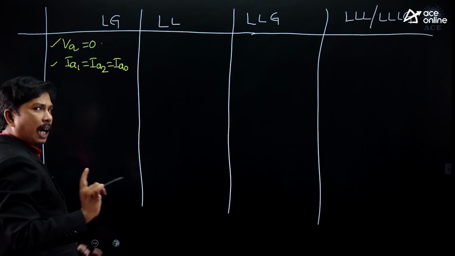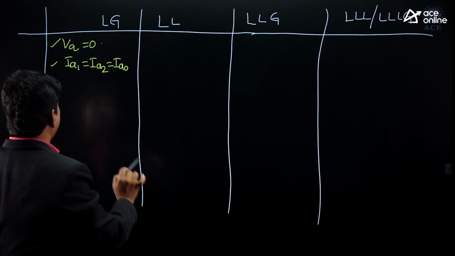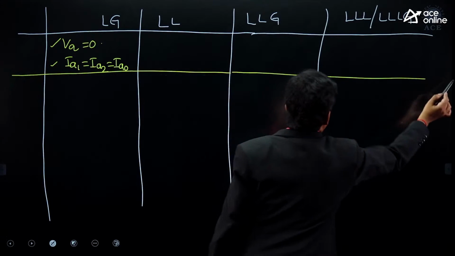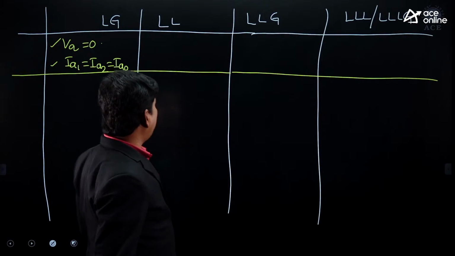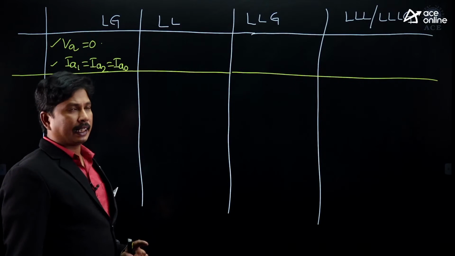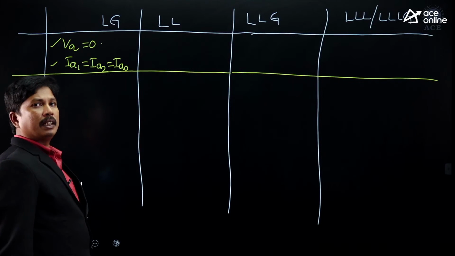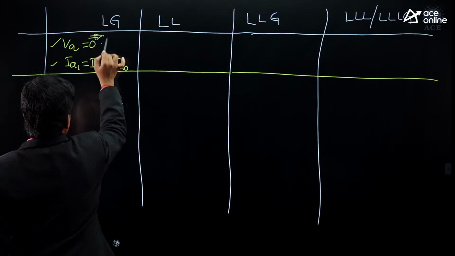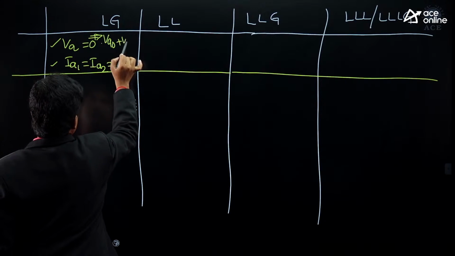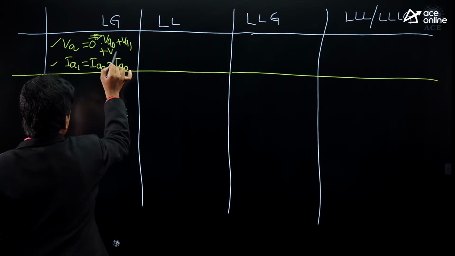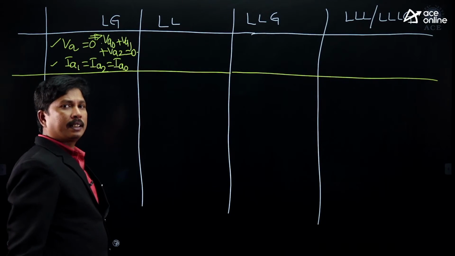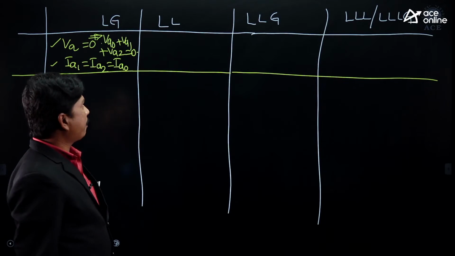All the sequence currents are the same in case of LG fault. For LG fault, the sequence currents are exactly equal and the sequence voltage sum VA naught plus VA1 plus VA2 is equivalent to 0. The sum of the sequence voltage components will become 0, right?